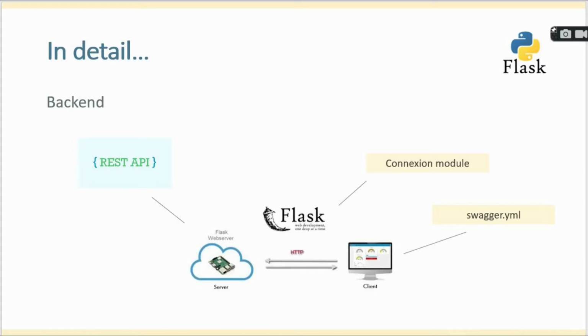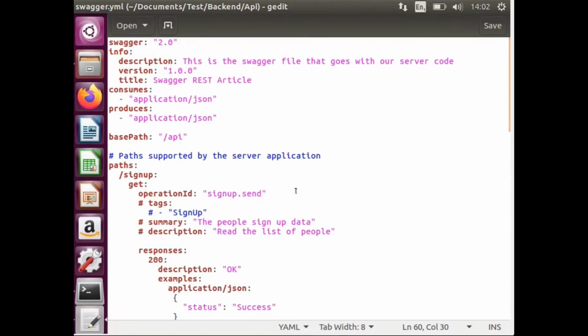It provides a lot of functionality such as input-output validation for data to and fro from your API, an easy way to configure the API URL endpoints and the parameters, and also a really nice UI interface to work with. So the swagger.yml is a YAML or JSON file which contains all of the information necessary to configure the server and to provide input parameter validation and output response validation.